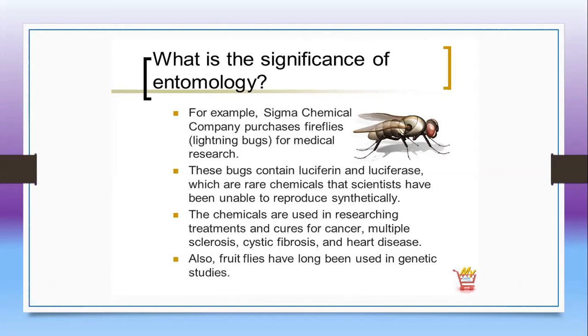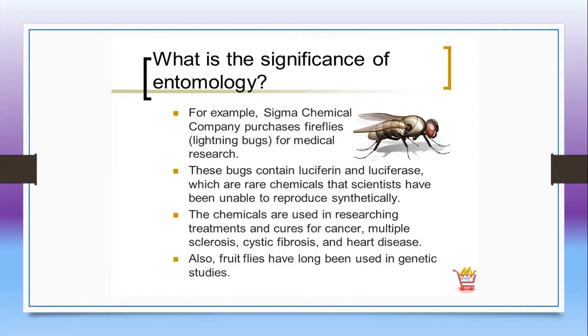They wanted to produce these chemicals synthetically because, when extracted from the bugs, they helped in the treatment of even the deadliest diseases such as cancer, multiple sclerosis, cystic fibrosis, and even cardiac diseases. So, a lot of research is going on on these bugs, especially fireflies, the lightning bugs.